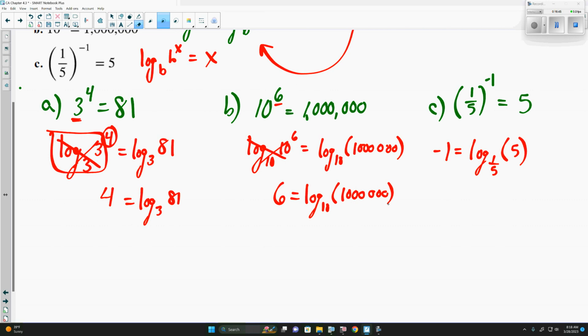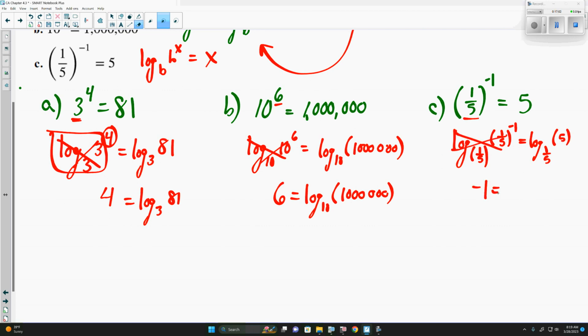We can do the same thing to the last one. But the base is 1/5, so I'm going to apply log base 1/5 of 1/5 to the negative 1. Either way works.